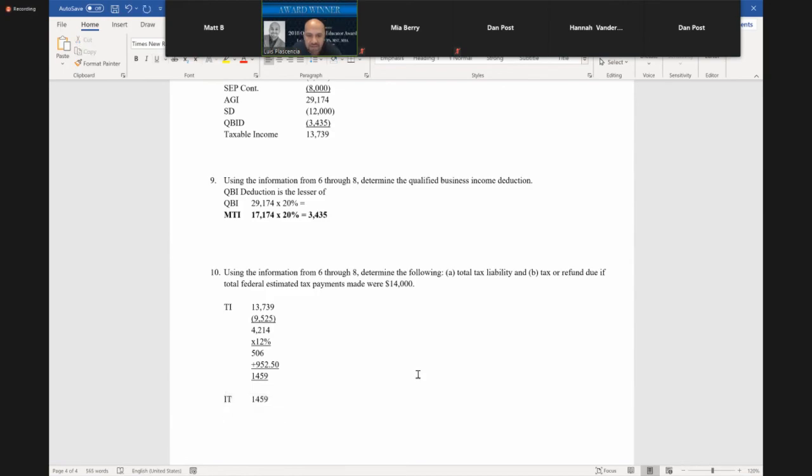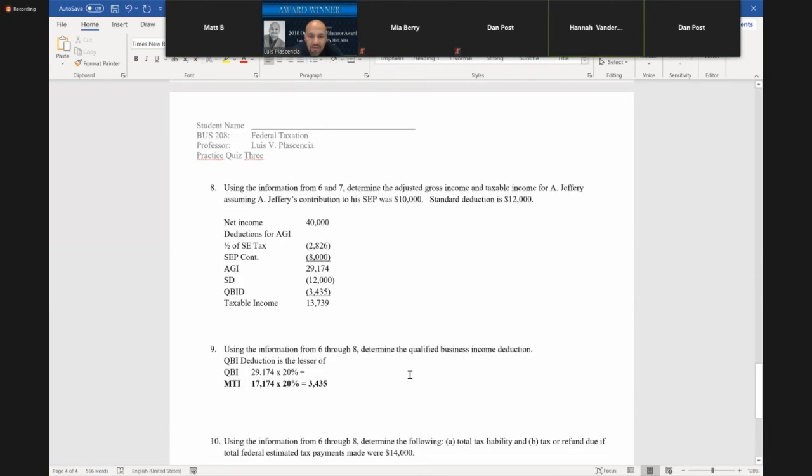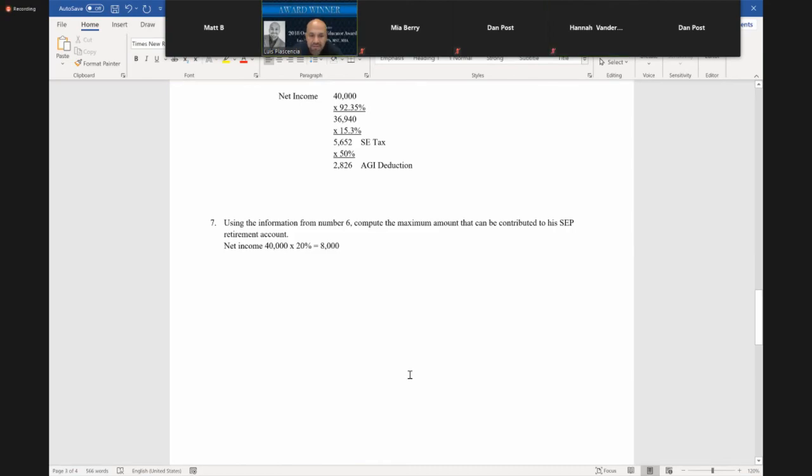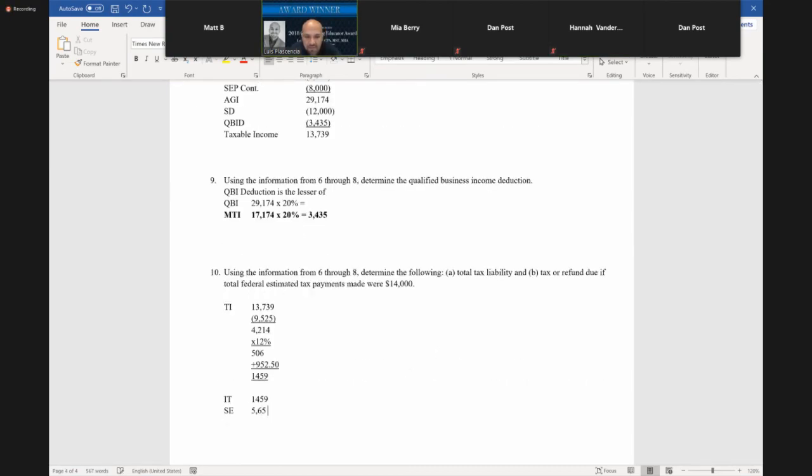What's the other tax we're paying in addition to income tax in this problem? Is there another tax? I'll give you a hint. Self-employment tax. SE tax, which is something like 5,000 something or other. 5,652. All right, total tax: 7,111. 7,111 even?